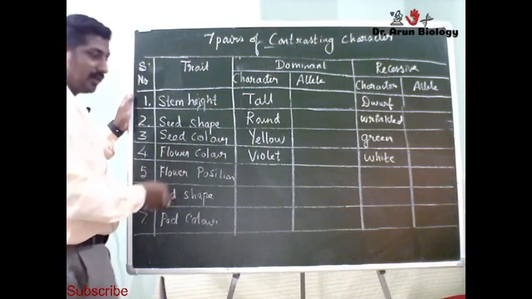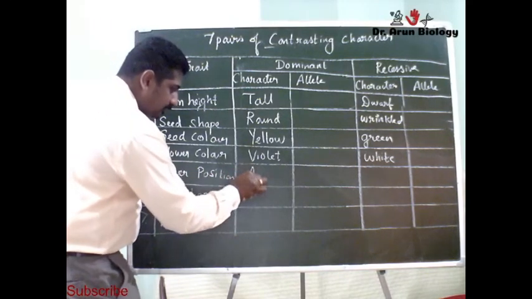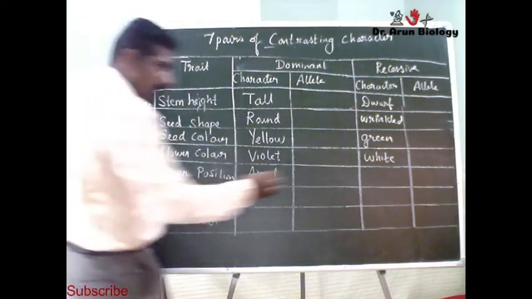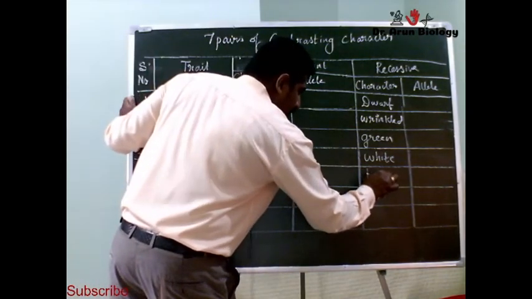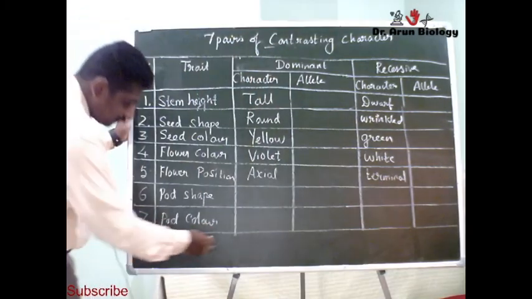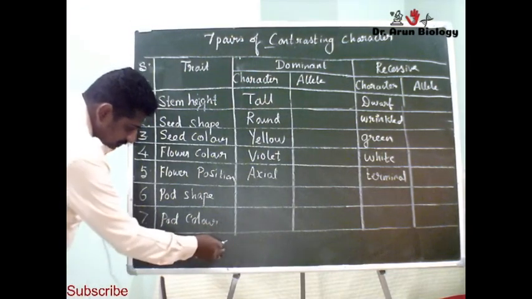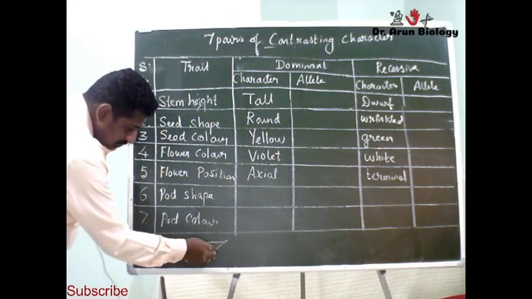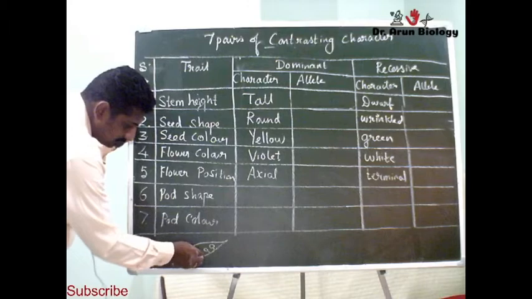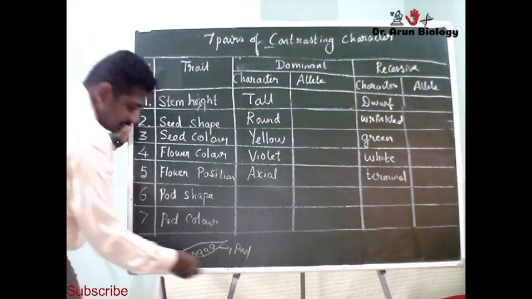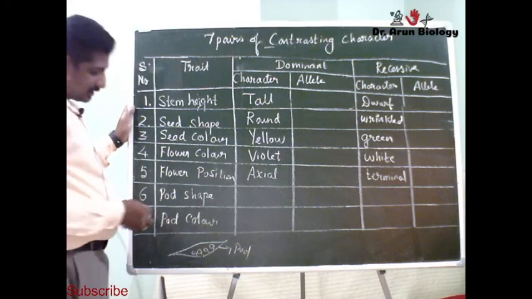Next is the flower color: he saw that violet color was dominant over the white colored flower. Next is the flower position: the flowers with axial position were dominant, and the ones with terminal position were recessive. What is a pod? You all know that if this is the pea plant and this is the placentation where the seeds are, this is called the pod. In the pod only the seeds are there.